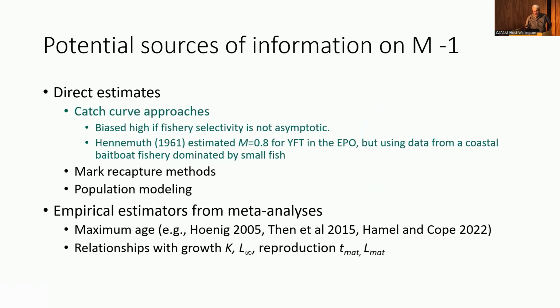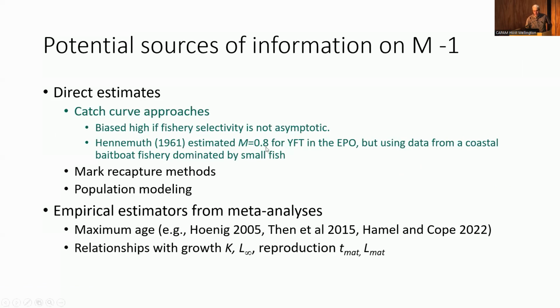So, looking at potential sources of information on natural mortality, you can have direct estimates based on catch curve approaches, but the issues with these are that they can be biased high if you don't have asymptotic fishery selectivity. Of course, there are the usual issues with the variable nature of recruitment and the variable nature of the environment and sampling.